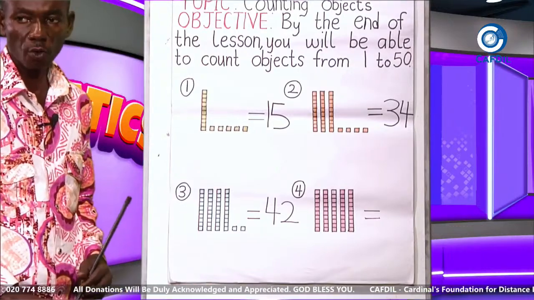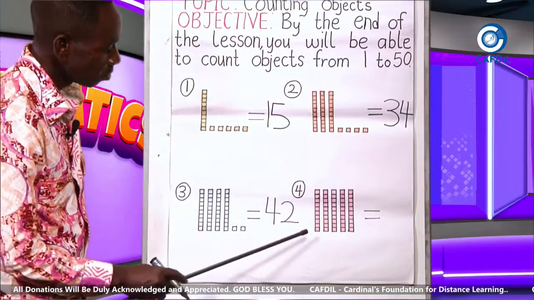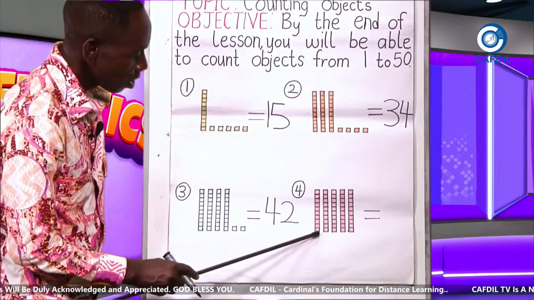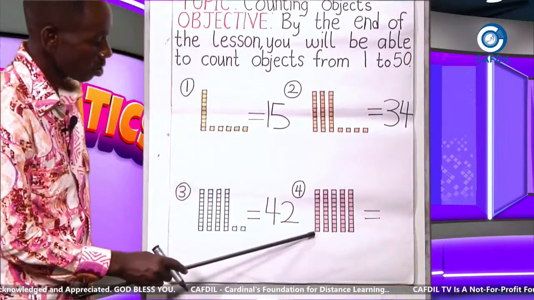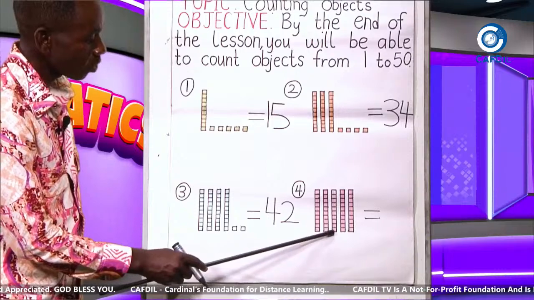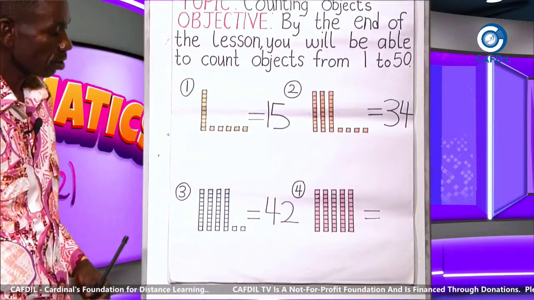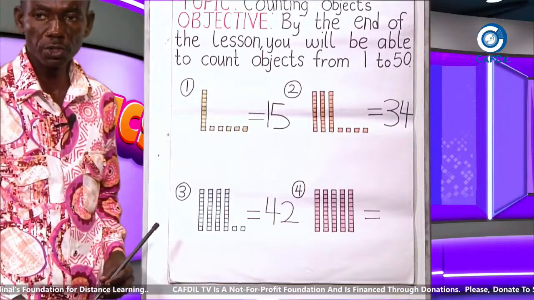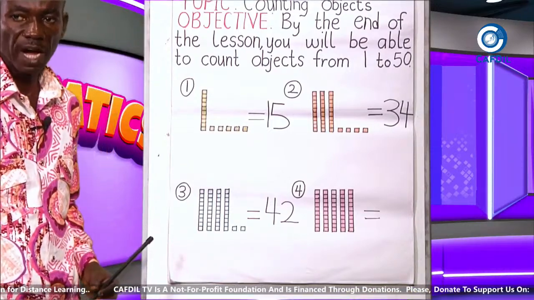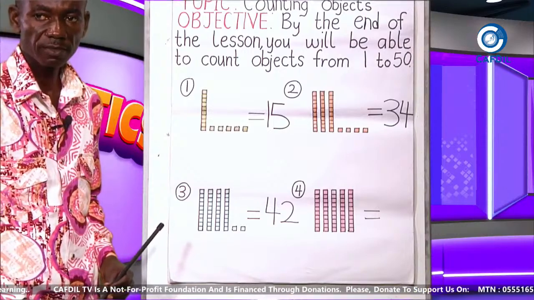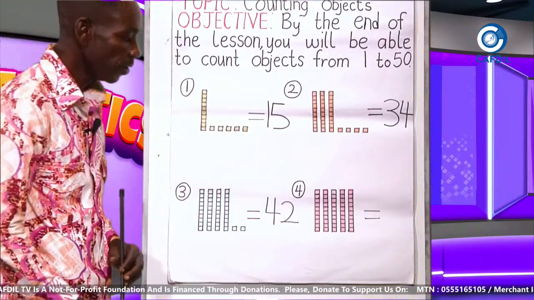Shall we look at number 4? I have 5 longs. 1, 2, 3, 4, 5. If 1 long shows 10, what would the 5 longs be? 50.